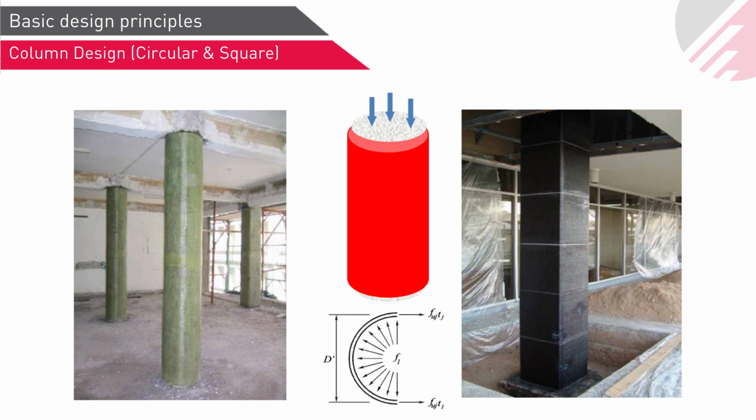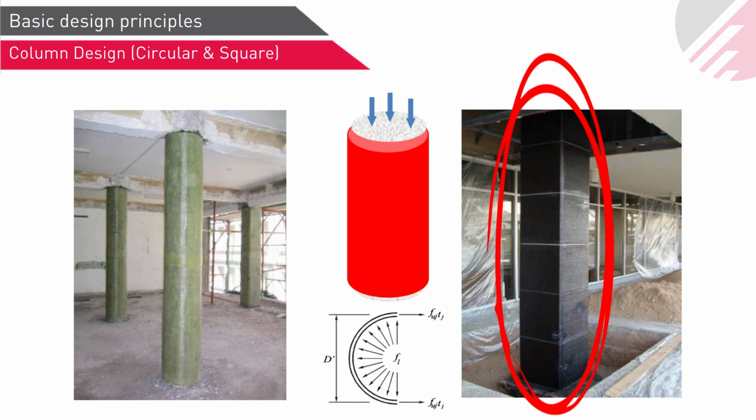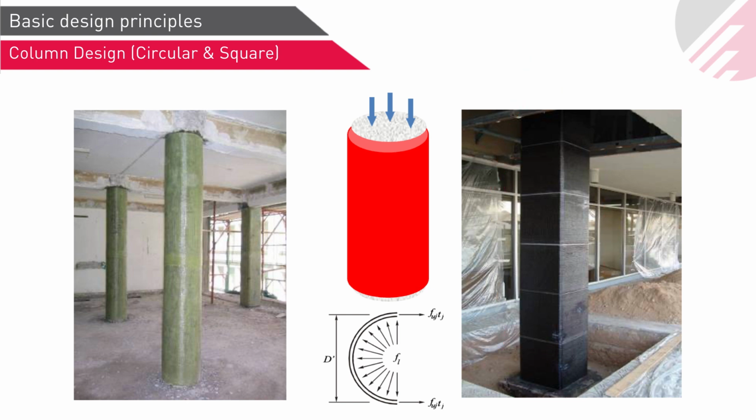The same theory we could use for square and rectangular columns, but up to an aspect ratio of 2 only, because after that, stress concentration in the corners means they fail first, so the confinement will not be that effective. On preparation, I know we'll talk about that later, but the corners have to be chamfered?